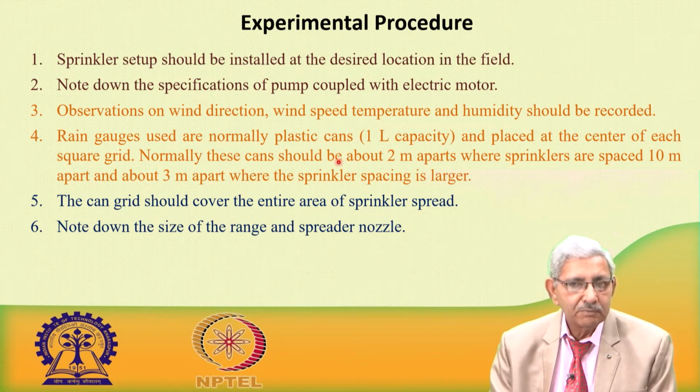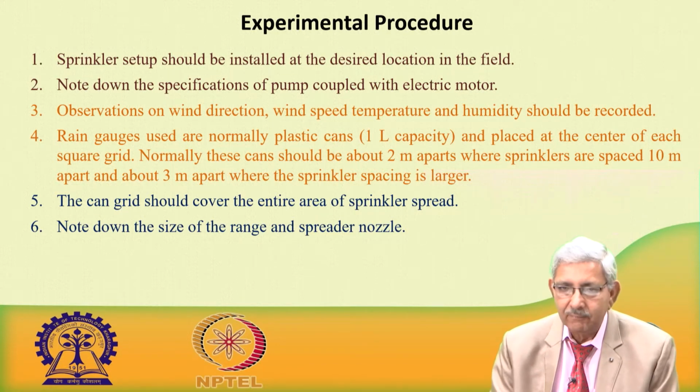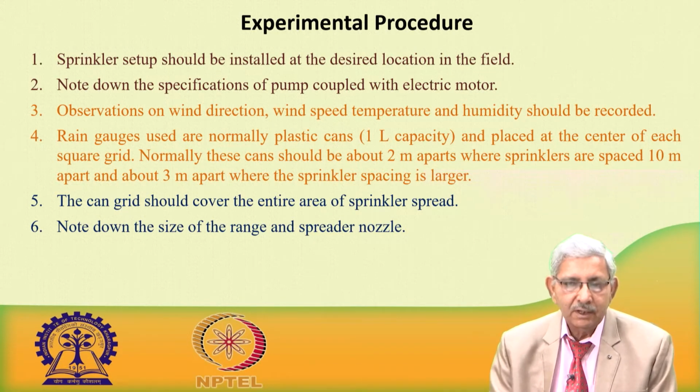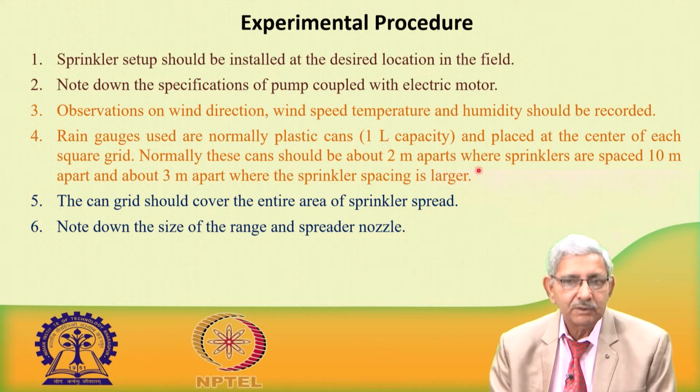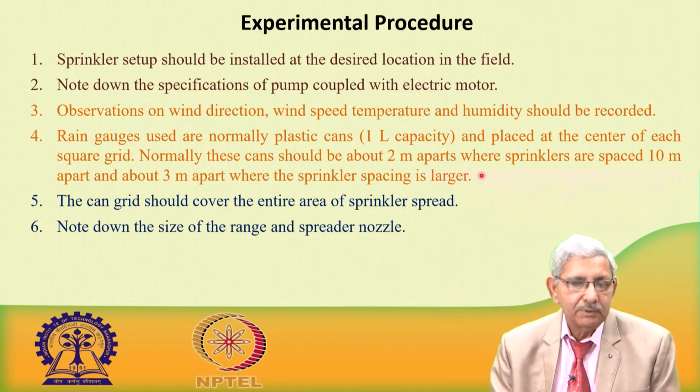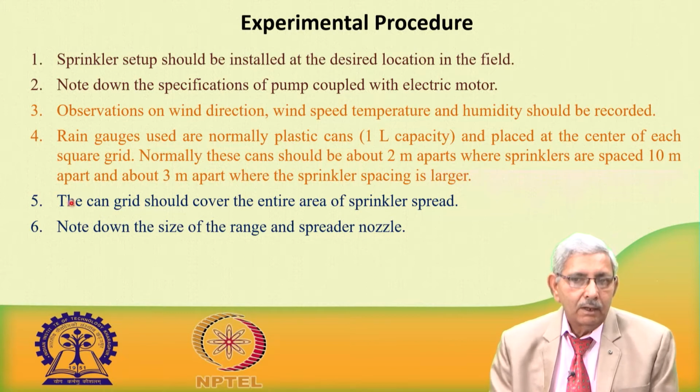When the spacing is 10 meter, 3 meter apart is for the larger spacing sprinklers, means when we have got a larger farm area, then we want to operate all the sprinklers at a stretch. In that case, such provision should be there for a larger spacing.